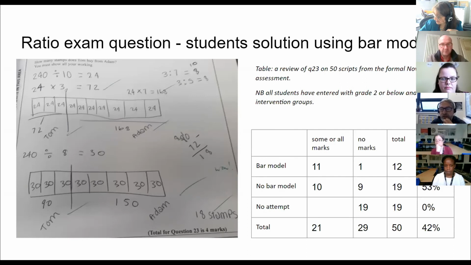But you can see that 92% of those got at least 1 mark. Okay, so it's not necessarily getting the whole thing right, but they started to get marks on a question. Whereas if they did attempt the question and they didn't use a bar model, then only 53% of them got at least 1 mark. And I think that was very encouraging for us, that this was helping them go in the right direction.